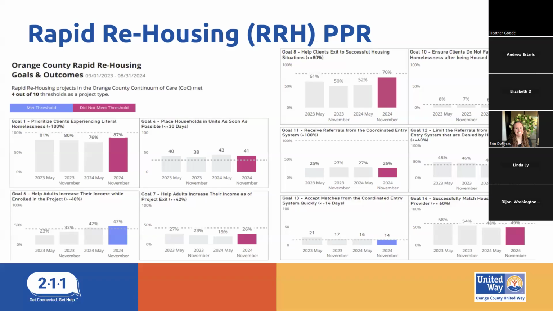That is 40% or less, and we've dropped another 4% from last reporting period to 36%. And then finally, Goal 13, which has shown a downward trend, was met for the first time in the last year and a half. And we're sitting at 14 days.